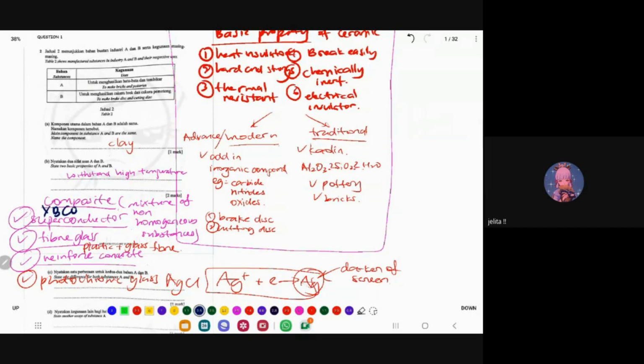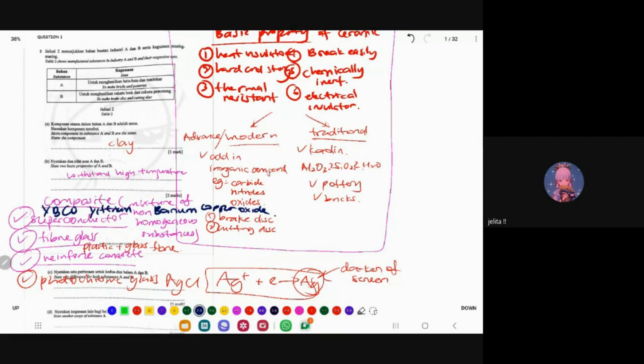Yttrium, barium, copper oxide. Okay, now other than the maglev train, the superconductor is also used in MRI.